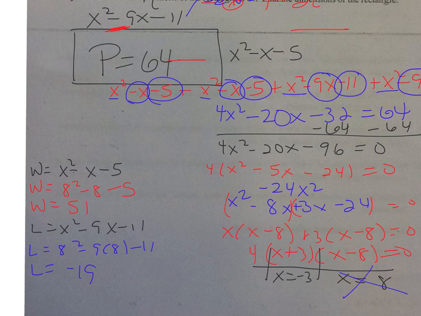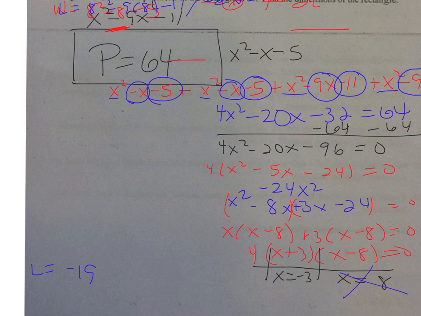It must be negative 3. So let's check. Let's try that again. My width is x squared minus x minus 5, and now I'm going to plug in negative 3. So width is negative 3 squared minus negative 3 minus 5. My width comes out to be 7.